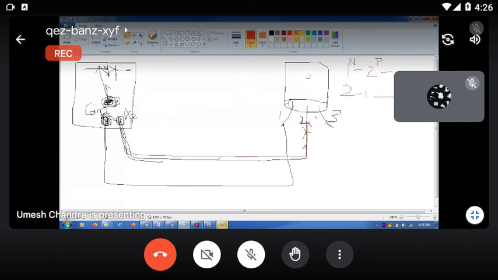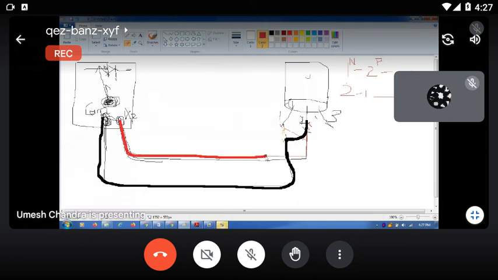Then you connect reversely, 2 to 1. That means the red probe is connected with pin number 1 and the black probe is connected with pin number 2. The black is connected with the 2 terminal, and the red is connected with 1.